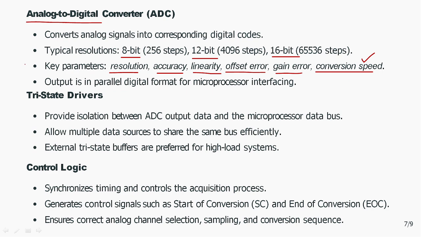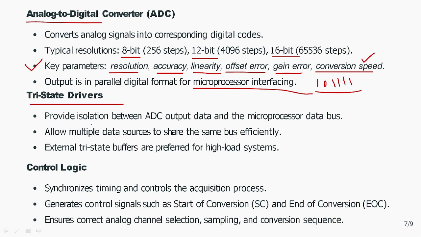All these parameters are important while choosing the analog to digital converter in intelligent medical devices. Output is in parallel digital format for microprocessor interfacing. So after the ADC we get a digital sequence of 1 and 0 that is put onto the data bus of the microprocessor.